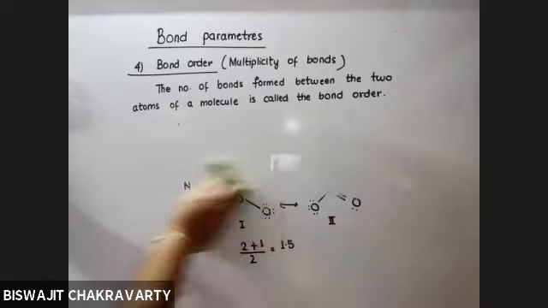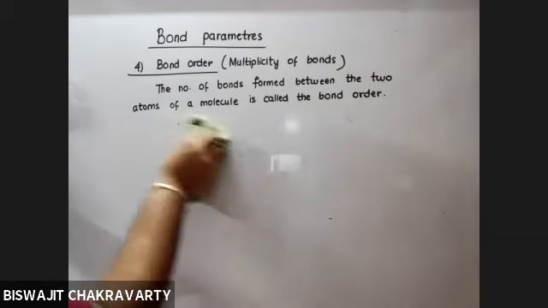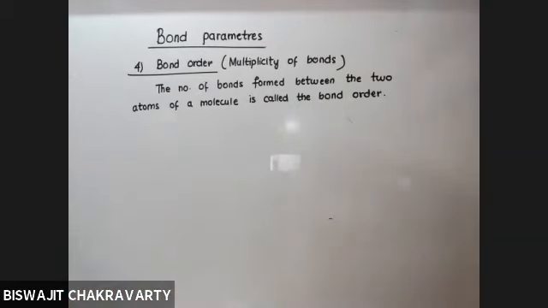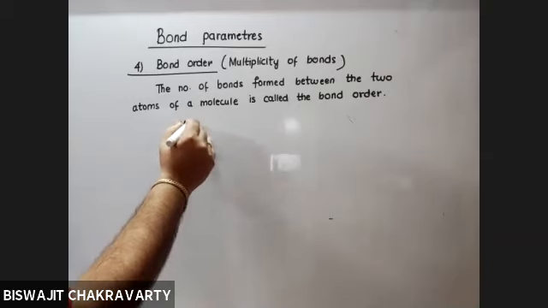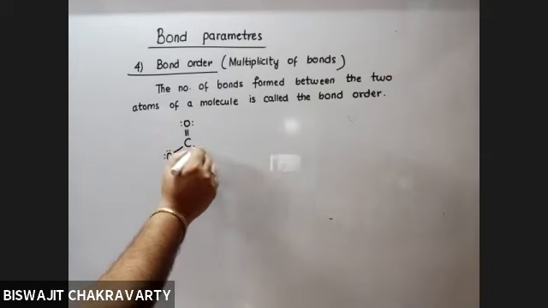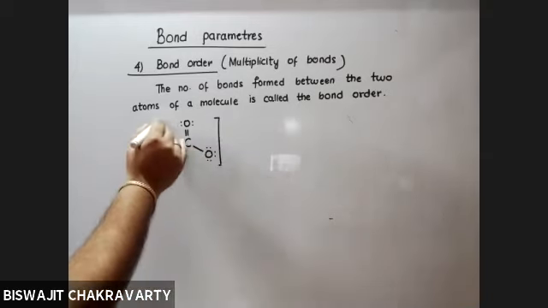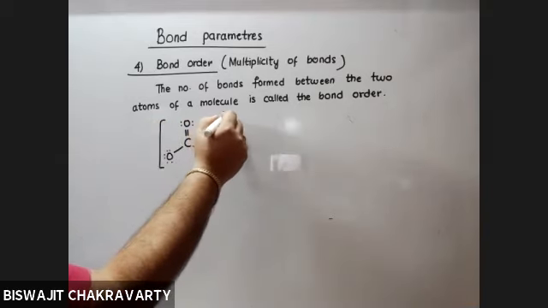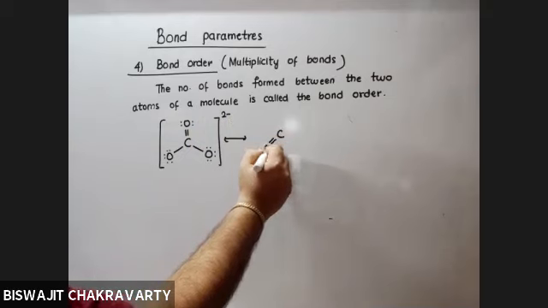Can you help me calculate the bond order of C and O in carbonate ion? I am drawing the resonating structures of carbonate ion. How many structures are possible? 3 structures.